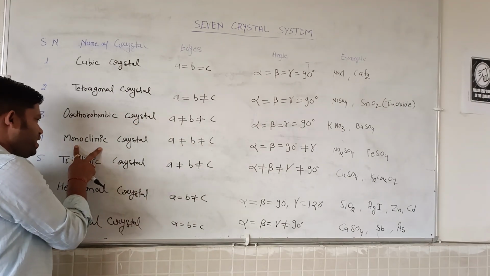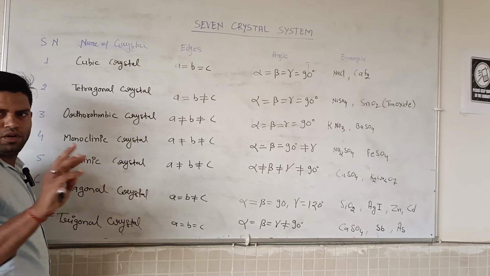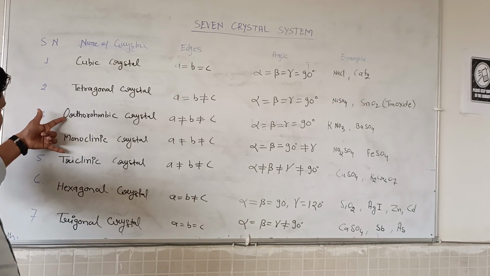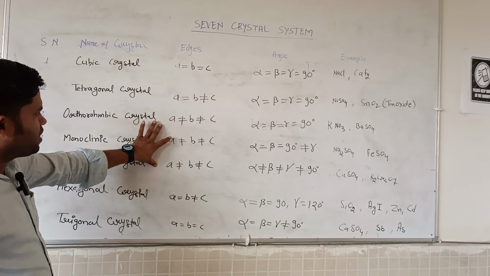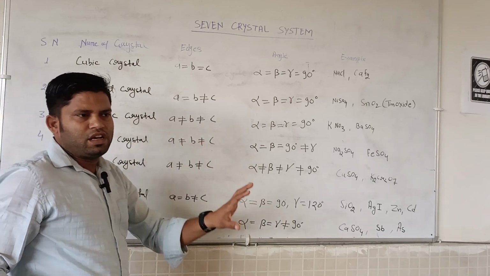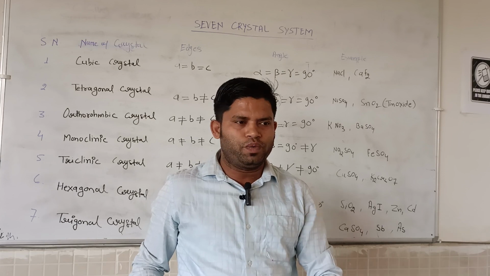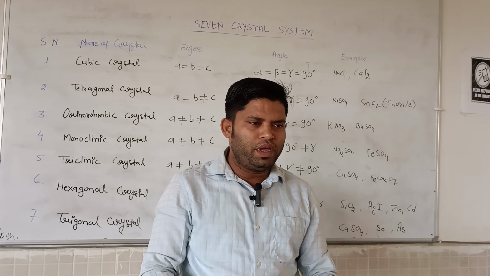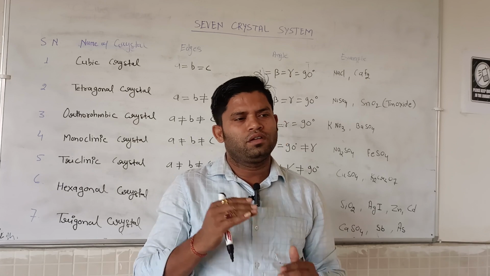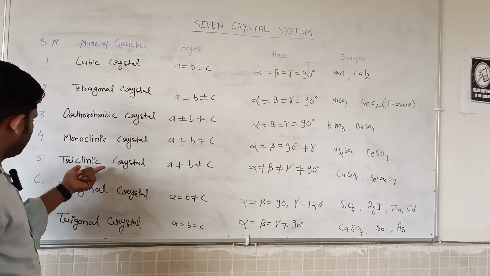The same thing applies in monoclinic and triclinic. In orthorhombic, monoclinic, and triclinic crystals, all the edges are unequal. That is, a not equal to b, not equal to c in orthorhombic, monoclinic, triclinic. Clear?